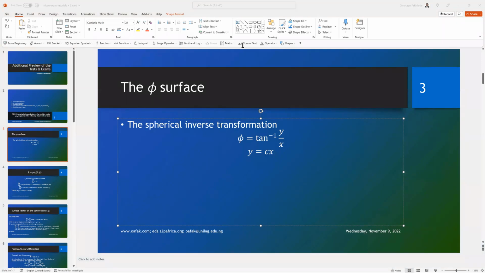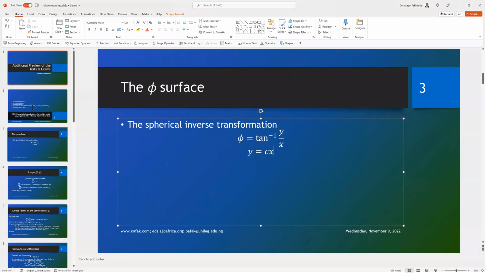Because it passes through the origin, when you now look at that in 3 dimensions, what do you get? That is a plane passing through the origin. So no matter what value of z is, that is a plane passing through the origin. For every z, it is a plane.